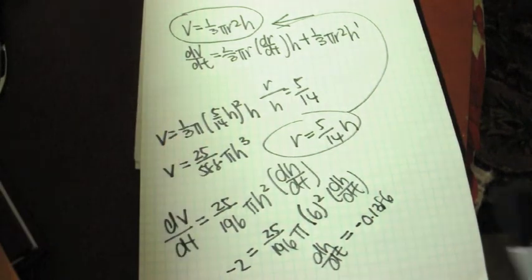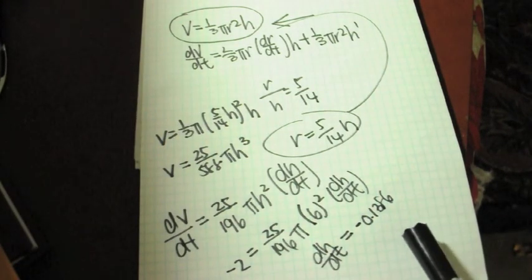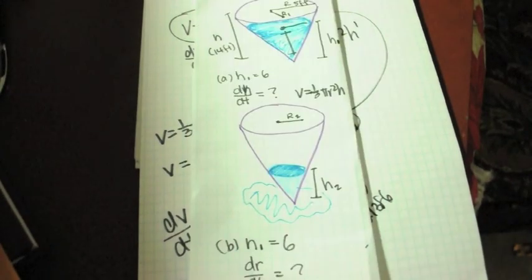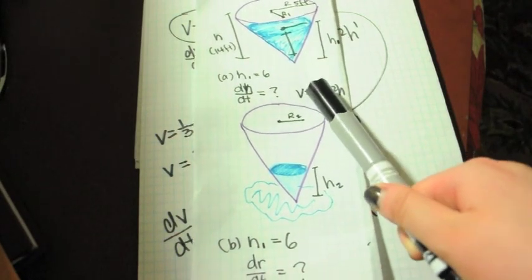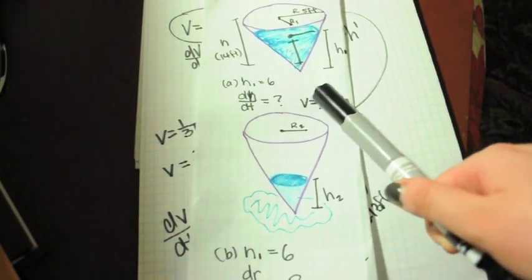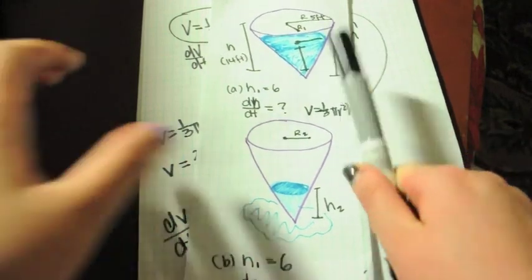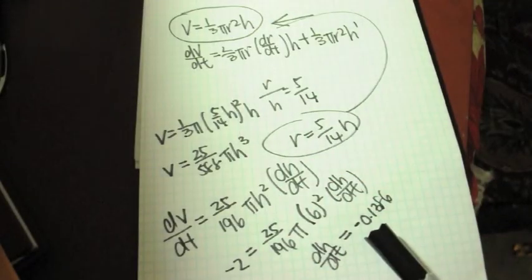So, it looks like the rate at which the height is decreasing is 0.1386 feet per hour. And remember, the rate of change would actually be a negative value because the water is dripping out. So the rate of change would have to be negative because the volume is decreasing. So this number makes a lot of sense.